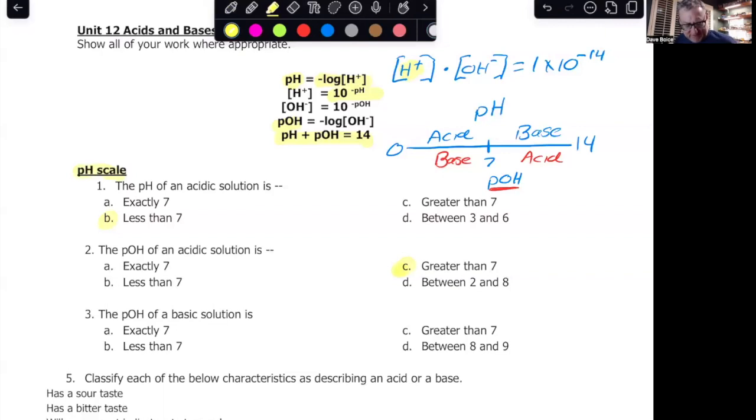And then the pOH of a basic solution is going to be less than 7. So just pay careful attention. Is it pH or is it pOH? And that's how that works.